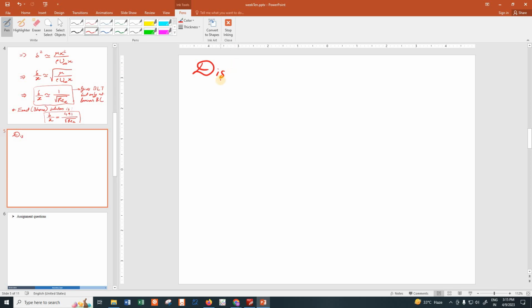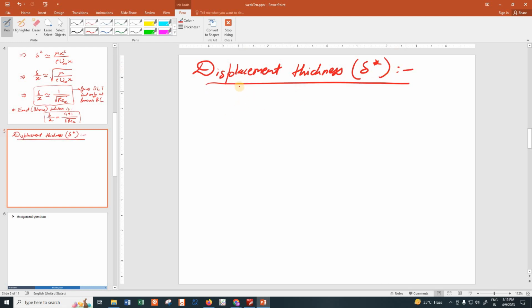Another quantity that is generally associated with the boundary layer thickness is the displacement thickness. It is generally represented by delta star. One can come upon the displacement thickness by taking into account the reduced mass flow rate.